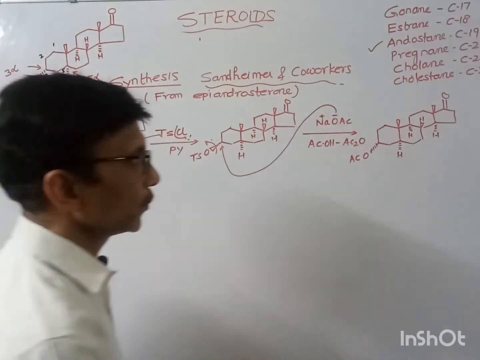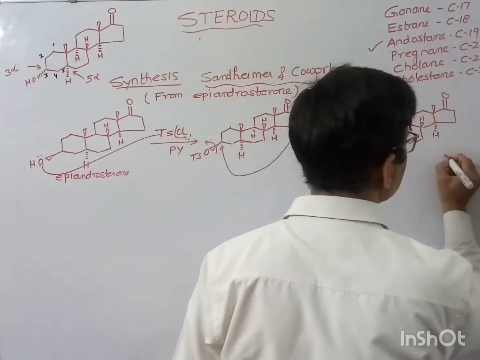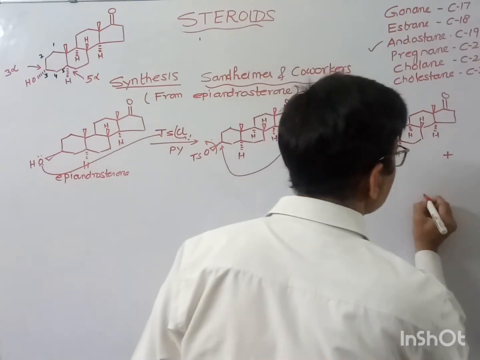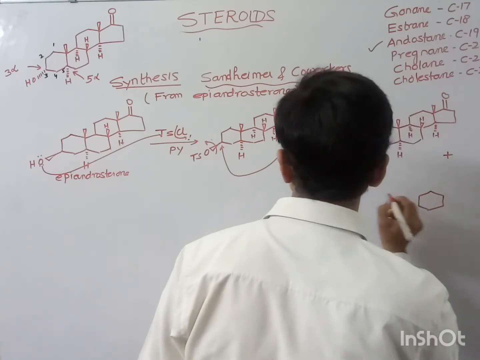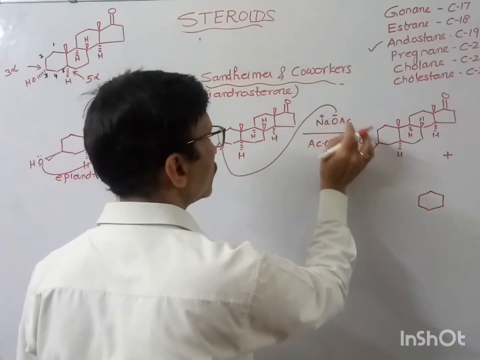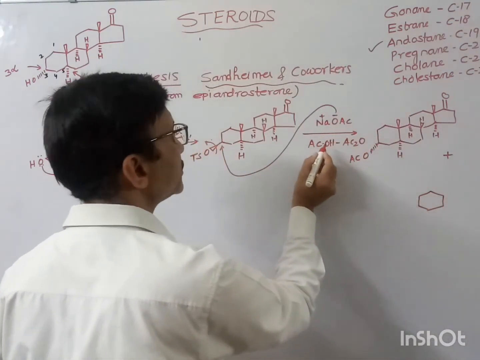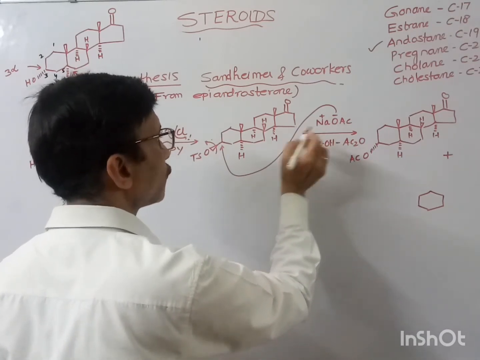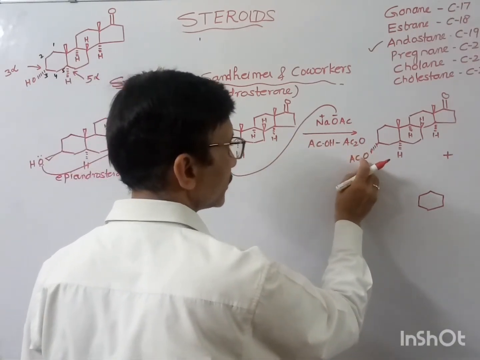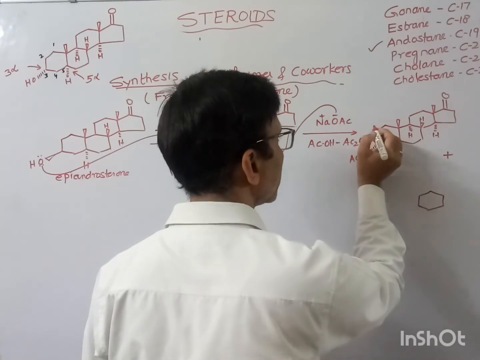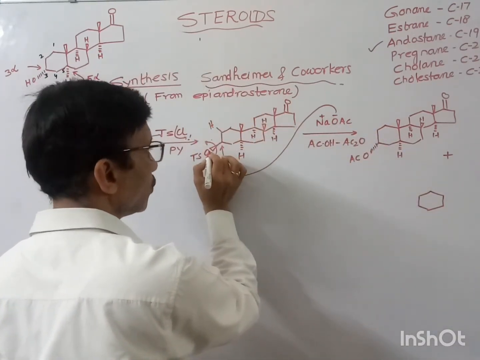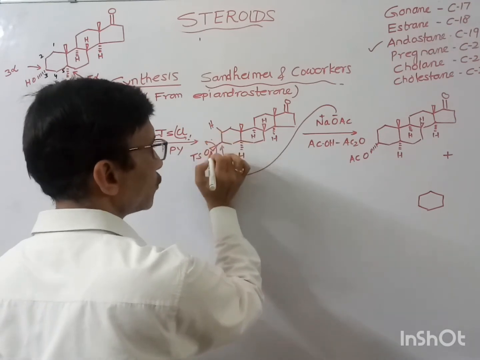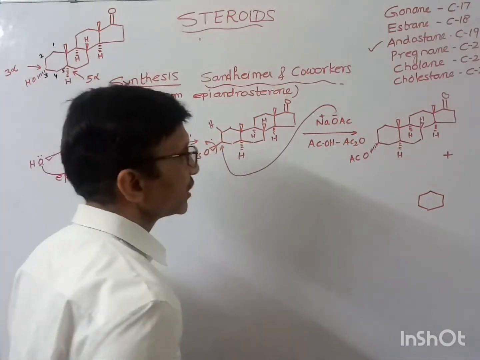And plus another product that he got. So this OAc will get hydrolyzed; hydrolysis of OAc will give here the OH. This H and OH would be removed, H2 would be removed.